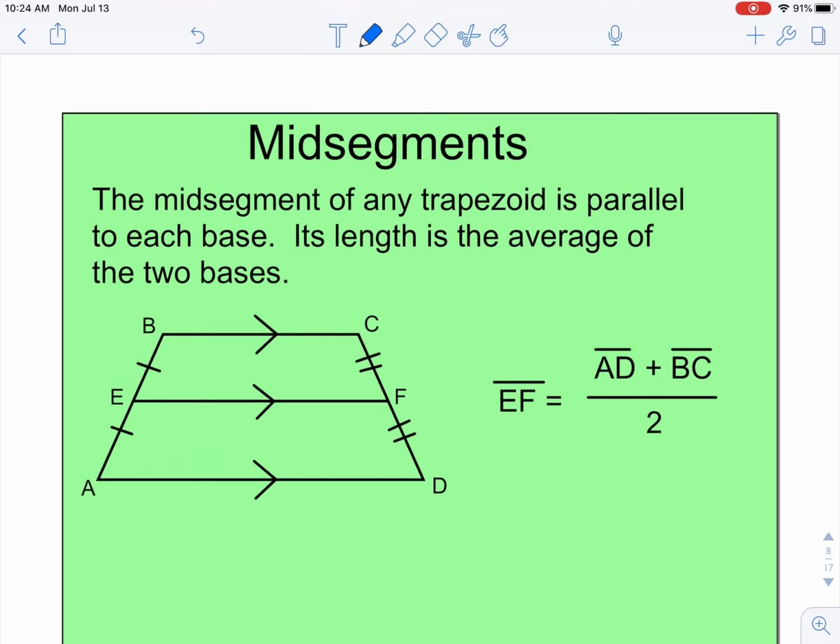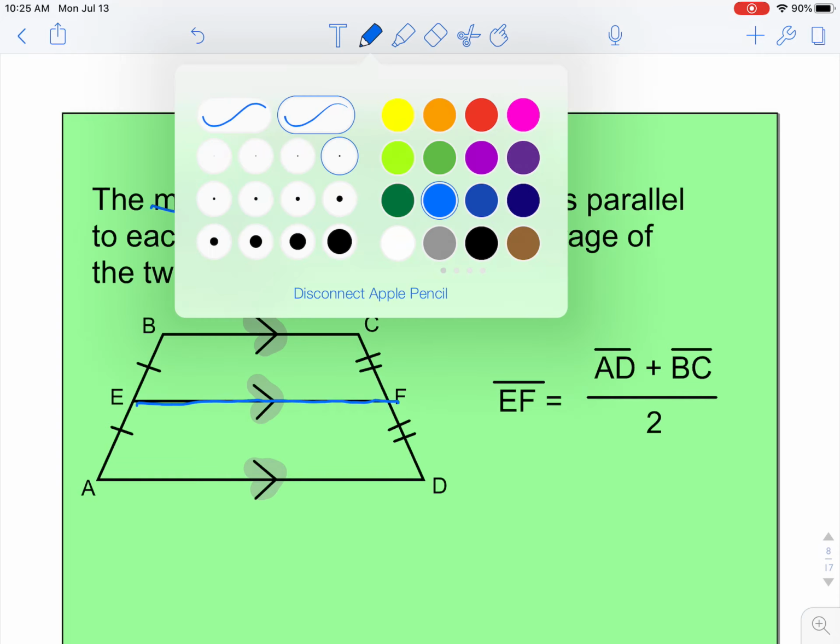So, in trapezoids, we have midsegments. The midsegment of any trapezoid, not just isosceles, of any trapezoid, is parallel to each base. So this midsegment right here, you can see, is parallel to the other two bases.